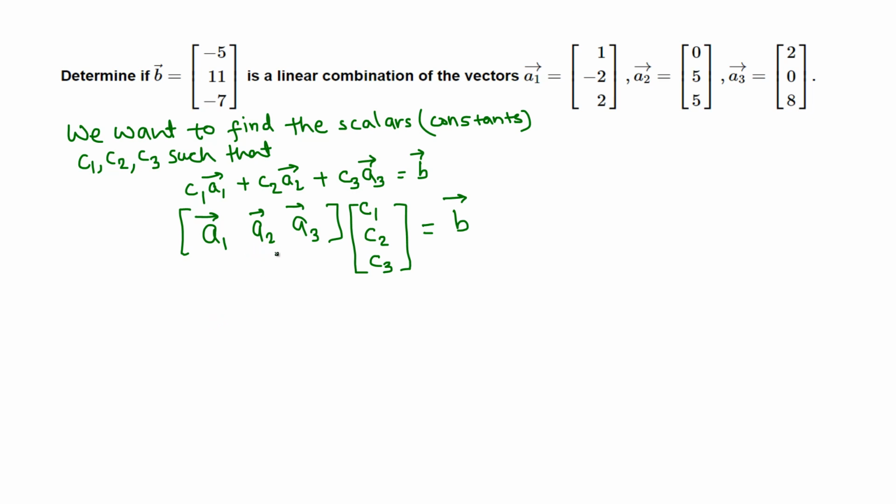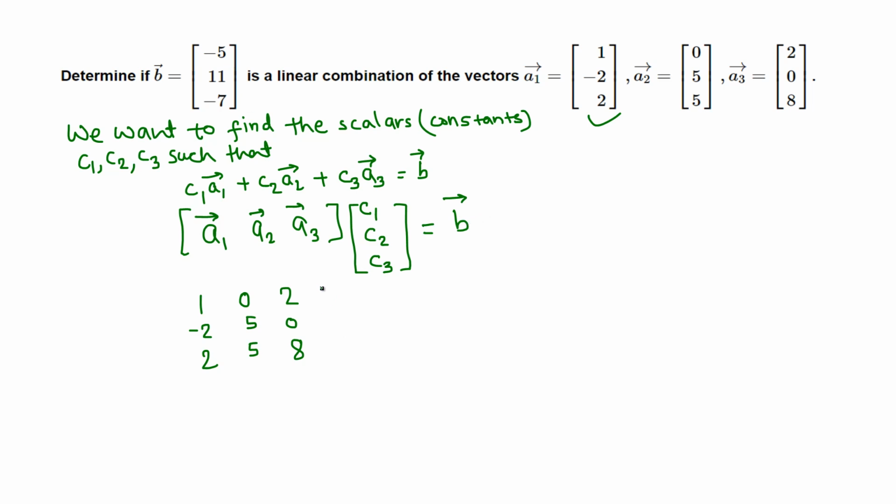That translates into a system of equations. If we expand this, from there we can write the following augmented matrix, just these vectors and B. So let me write a1, which is from here: 1, negative 2, 2. a2 is 0, 5, 5. a3 is 2, 0, 8, and the constants, this is B, that goes in the fourth column.